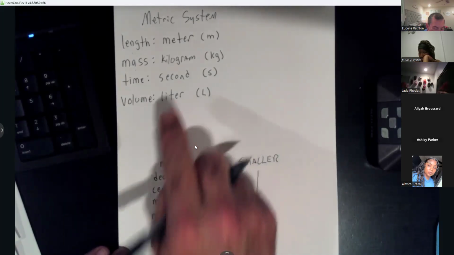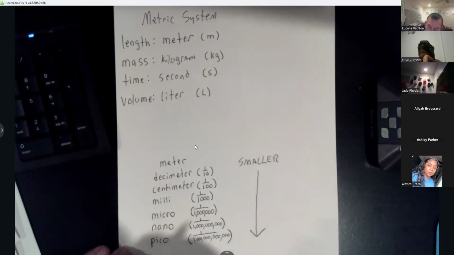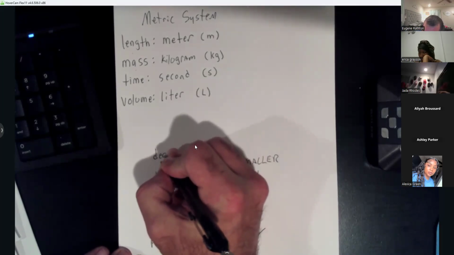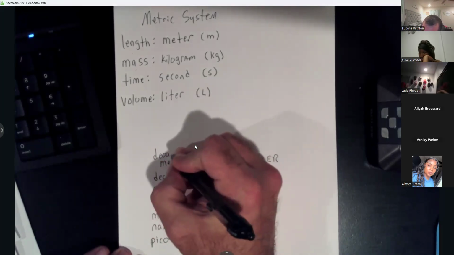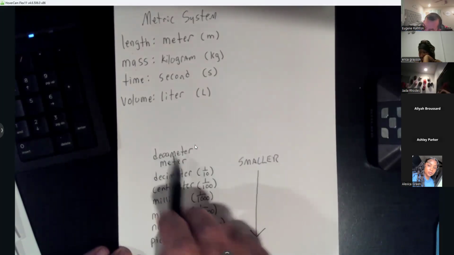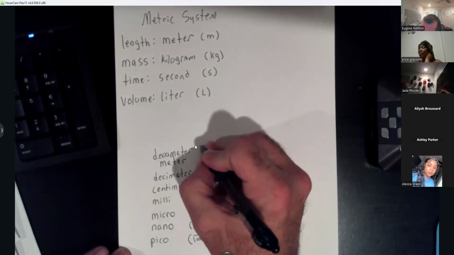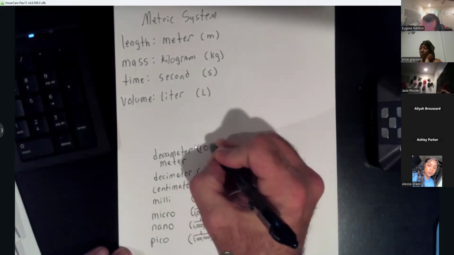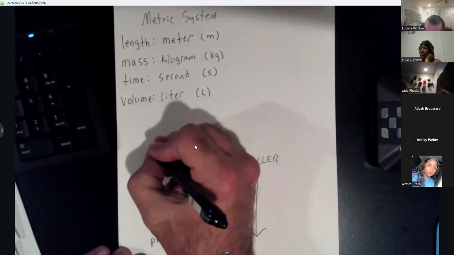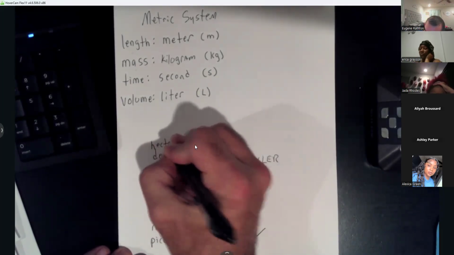Now, let's go above the meter. First, we got the decameter. So deca, decameter, that is like 10 meters. Then you got the hectometer.